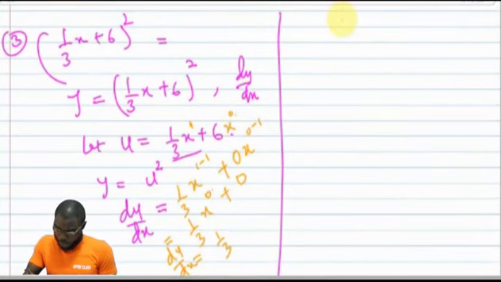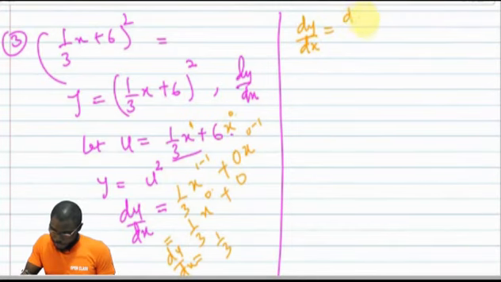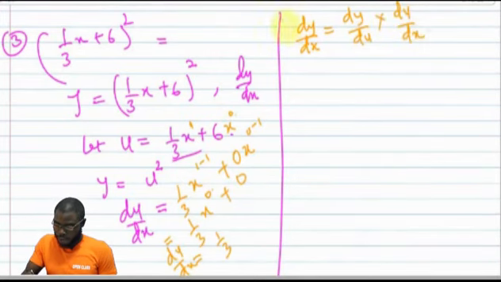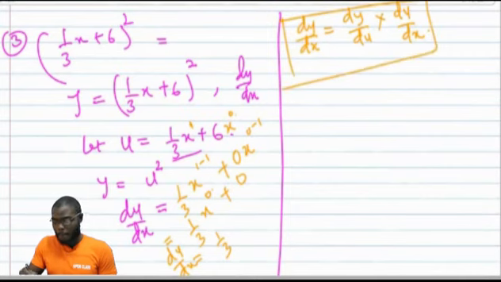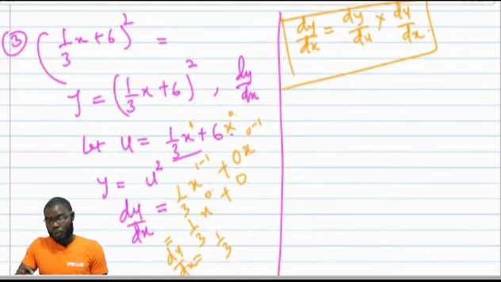Now your dy dx is equal to dy by du times du by dx. If you're taking JAMB, you should have this handy, because you don't have the time to be breaking questions down like this.